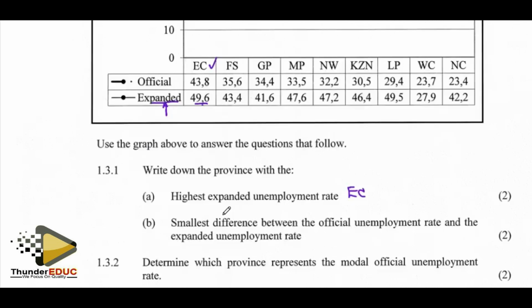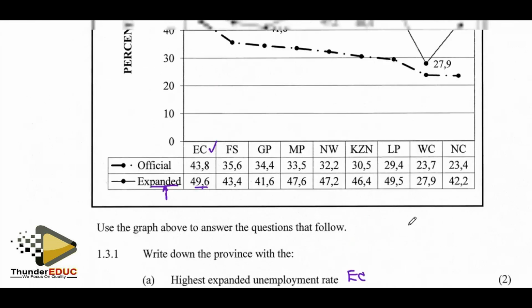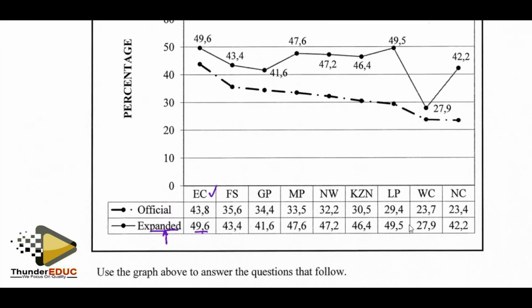Then, which province has the smallest difference between the official unemployment rate and the expanded unemployment rate? I'm looking at this graph here, you follow, you see, there's a gap here. It expands a bit, it keeps on expanding. This is too much.